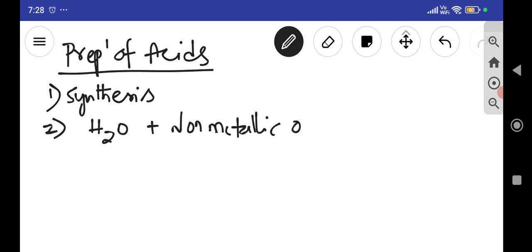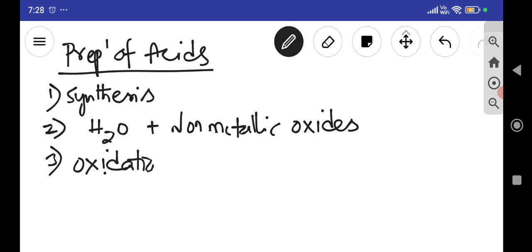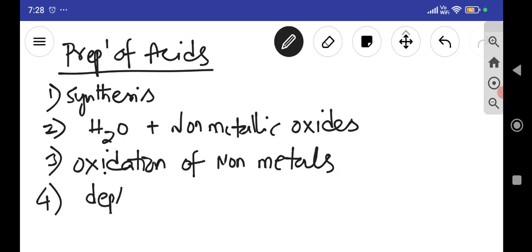And third one is oxidation of non-metals, by which we get acids. And the fourth method of preparation is displacement. So this is about the names.